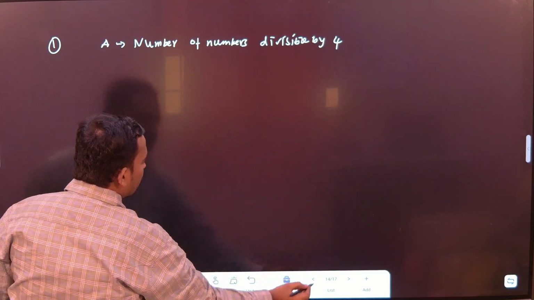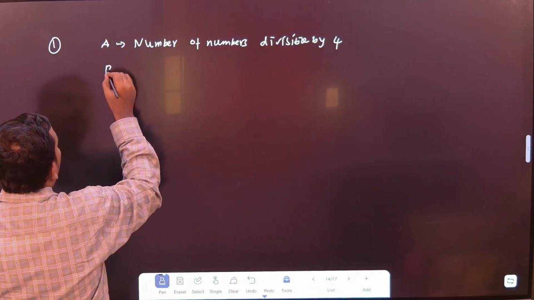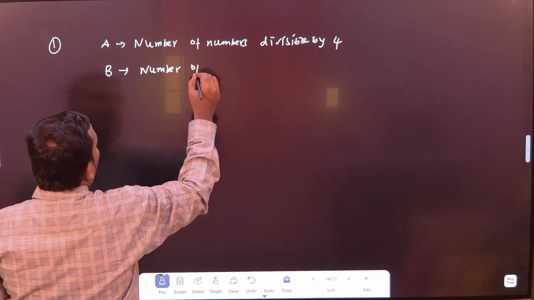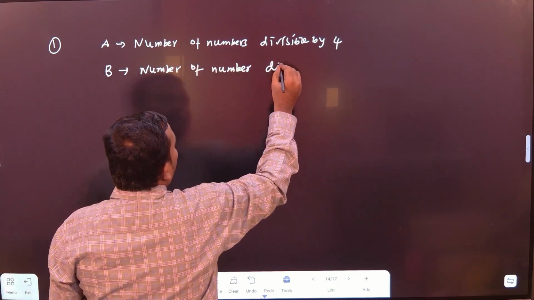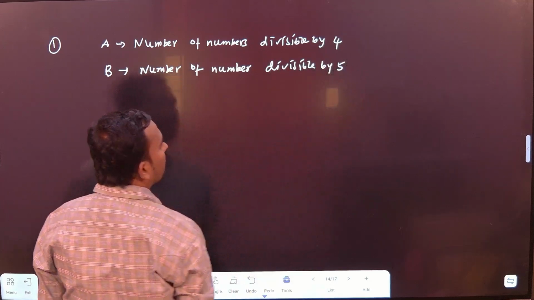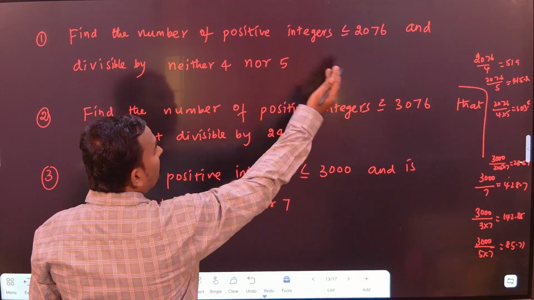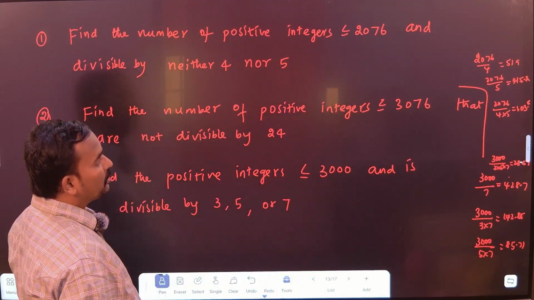And B, the number of numbers divisible by 5. So both, you have to take from all the natural numbers from 1 to 2076 only.